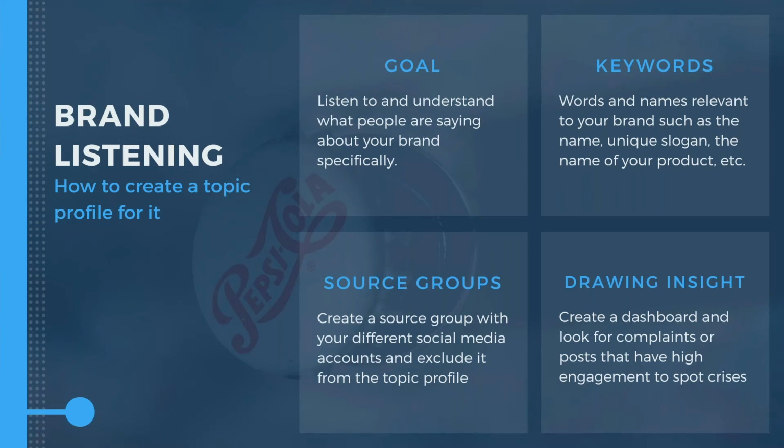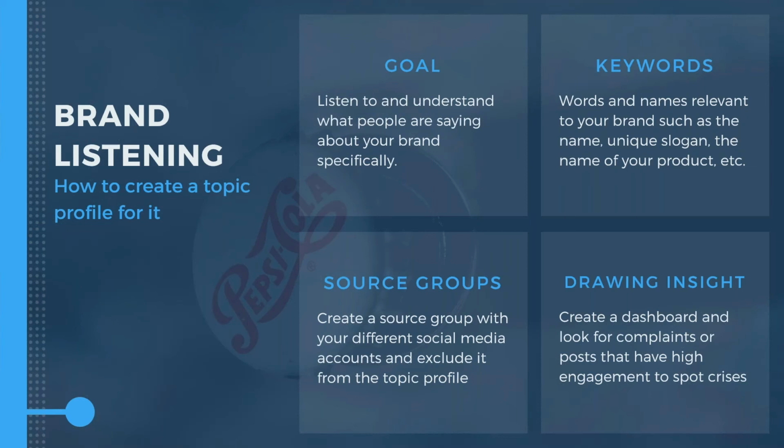Let's say you're Apple, you're going to use Apple as one of your main keywords. The name of your product, let's say the iPhone or the iMac or the iPod. These are the types of keywords and keyword groups that you might have in that topic profile.